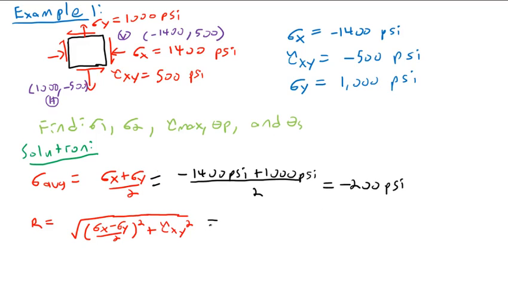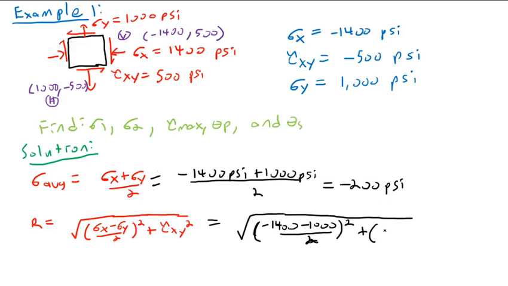All right, and this is then equal to the square root of negative 1400 minus 1000 over 2 squared, pardon my chicken scratch, plus negative 500, and all of these are in psi, squared, and this comes to 1300 psi. Oh, sorry. Okay, 1300 psi.